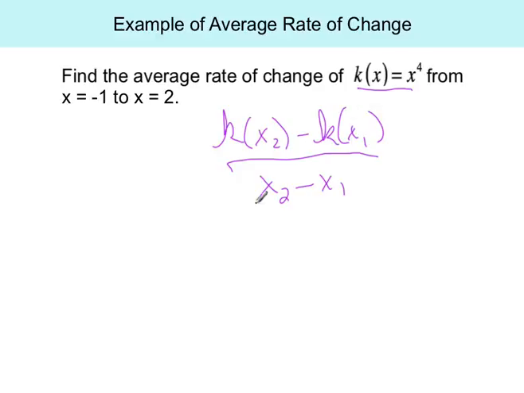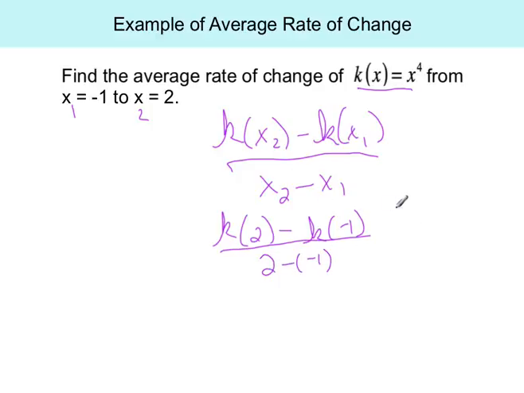So we're going to substitute in. I'm going to let my x1 be negative 1, and my x2 be positive 2. So my average rate of change is k of 2 minus k of negative 1, and that's all going to be over 2 minus a negative 1.